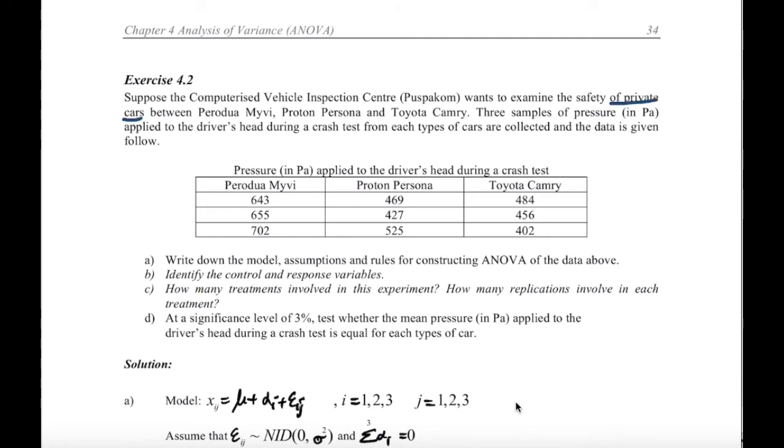Okay, so they examine the safety of the private cars by collecting the data of the pressure, right? So the pressure applied to the driver's head during a crash test. So the pressure depends on the car they use. Okay, the cars are divided into Myvi, Persona and Camry.